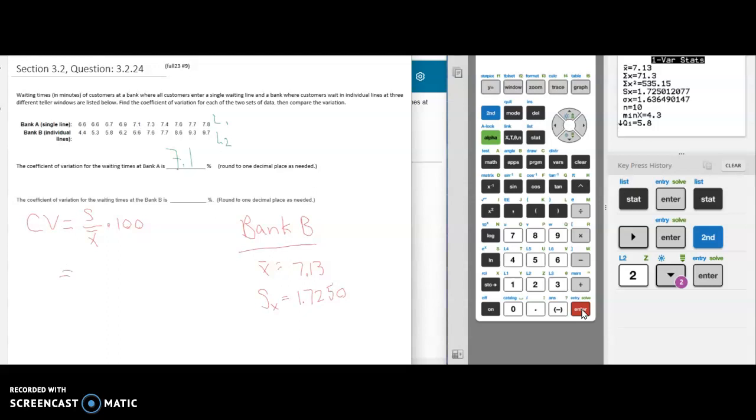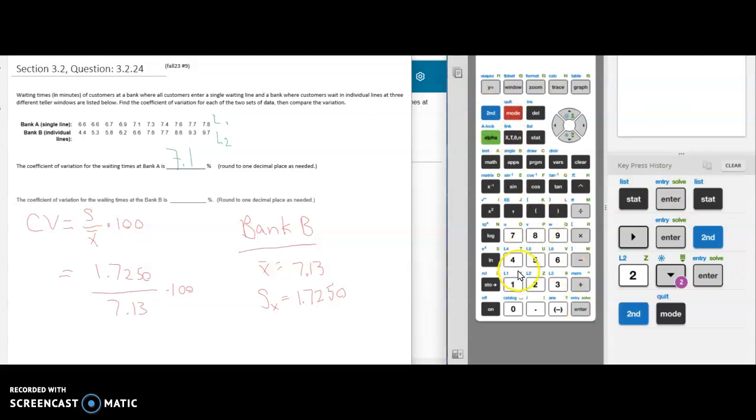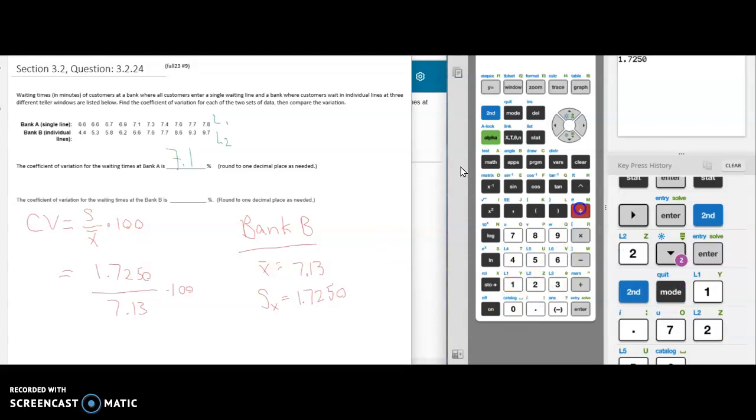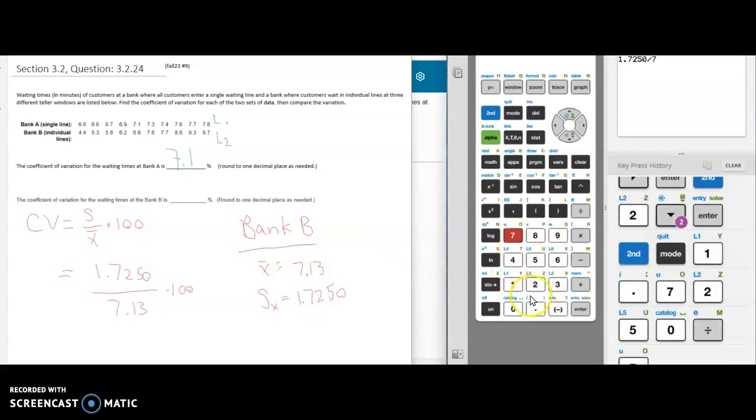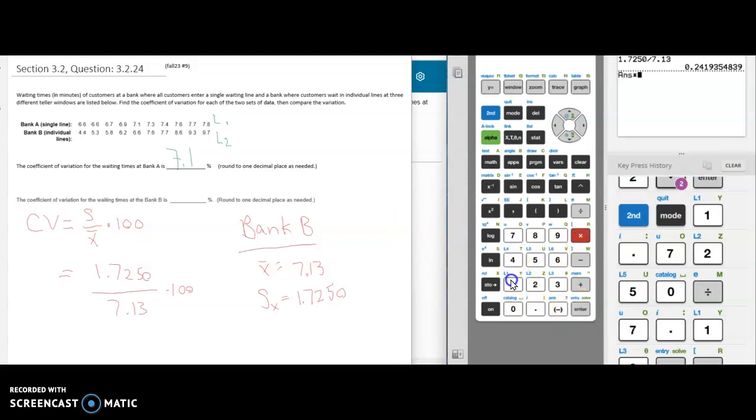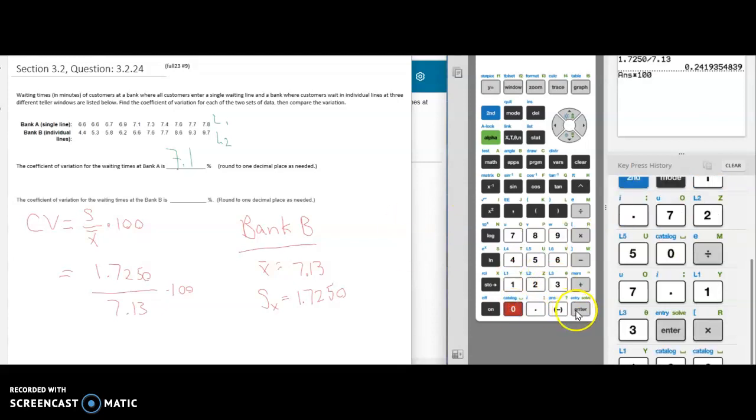I'll put that in my formula: 1.7250 over 7.13 times 100. In the calculator, 1.7250 divided by 7.13, enter, times 100 to make it a percent.